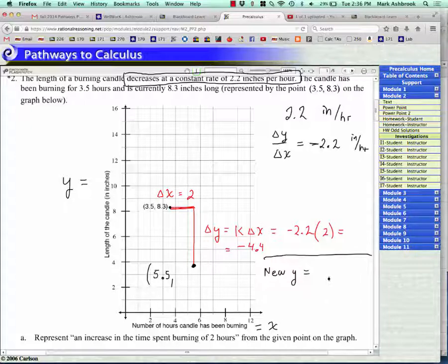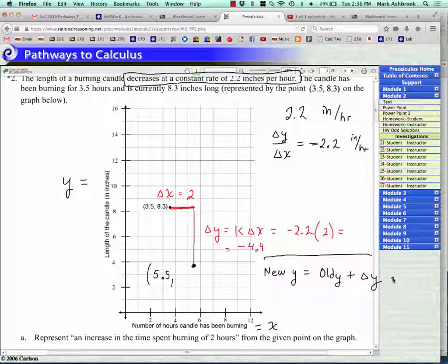What are you going to start with? Negative 4.4. Okay, so you're really starting with 8.3, right? You're really starting at the old value of y, and what are you doing? Adding the change, right?